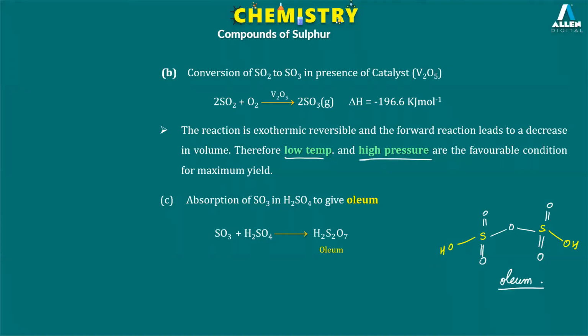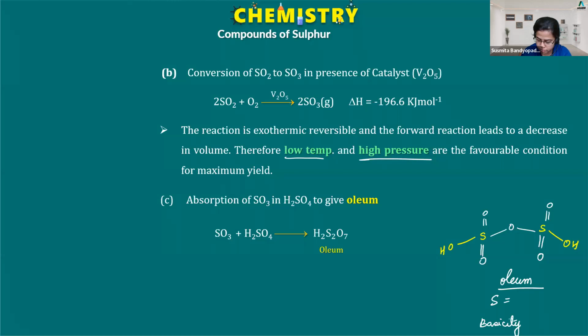Yes, ma'am. Oxidation number of sulfur I want, and I want basicity, everything. I want one more name also for oleum. Like you told, sulfurous, hyposulfurous, and sulfuric. SOS linkage, yes. Basicity 2, yes. Oxidation number, sulfuric, pyro, sulfur. I got two different answers. Okay. Pyro. Here I'm asking oxidation number. Hybridization you want?